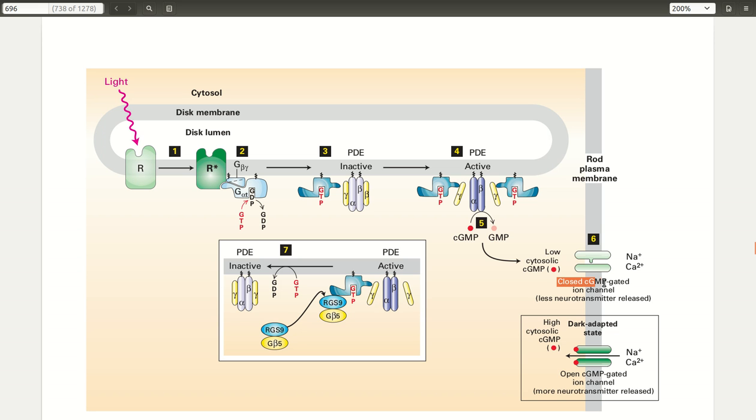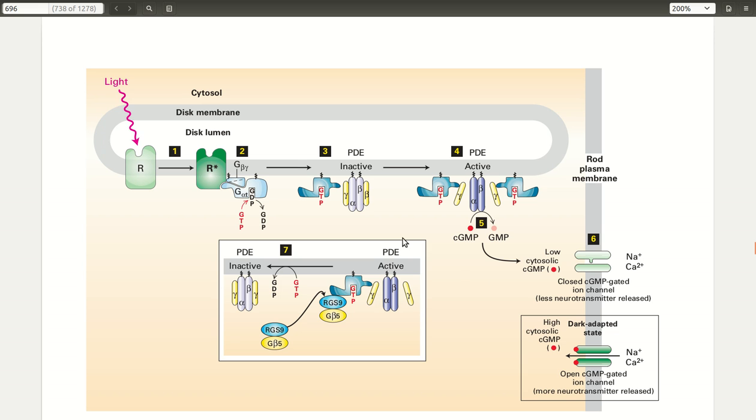So it will be a closed cGMP gated ion channel, and because of this there will be less neurotransmitter released into the adjacent neuron cells, which carry signals to the visual cortex of the brain.